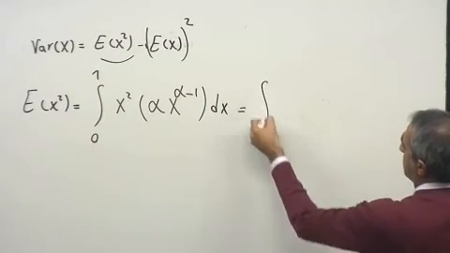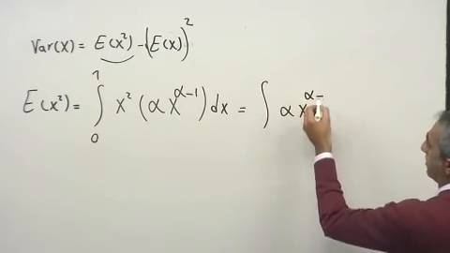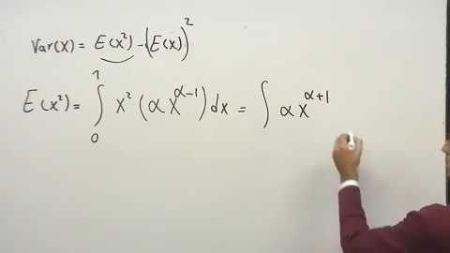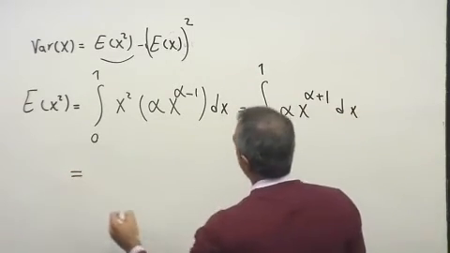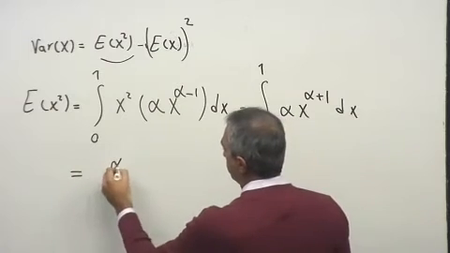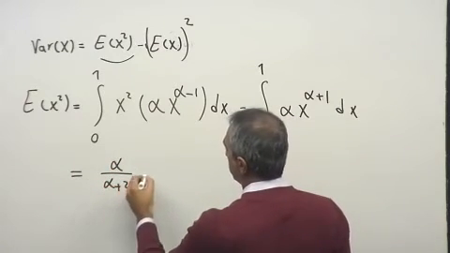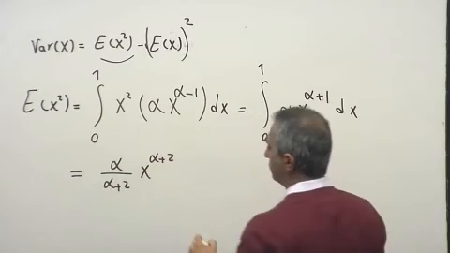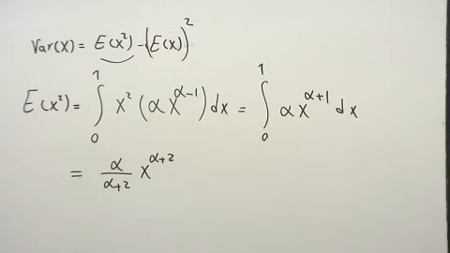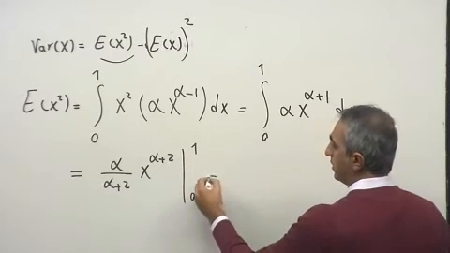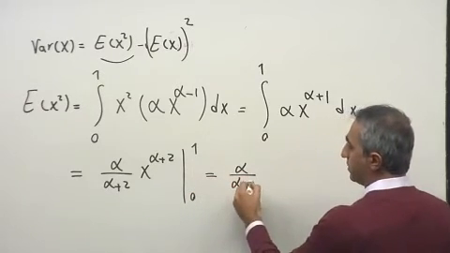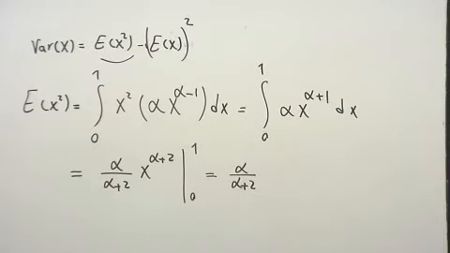And this is alpha x to the alpha plus 1, dx, from 0 to 1, which would be this guy. Okay? Is it clear? Any questions?